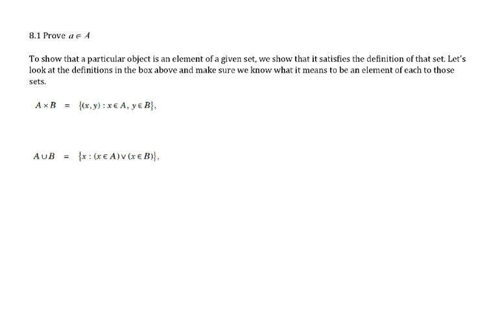Section 8.1 talks about how we prove something is an element of a set. Basically, you just have to show that it satisfies the definition of that set. So let's make sure we understand what these sets are. So this is the Cartesian product.